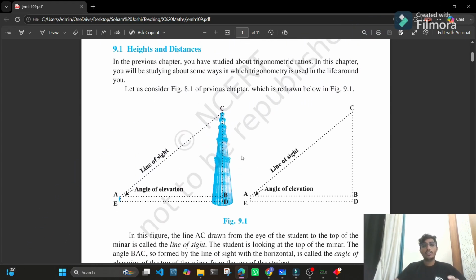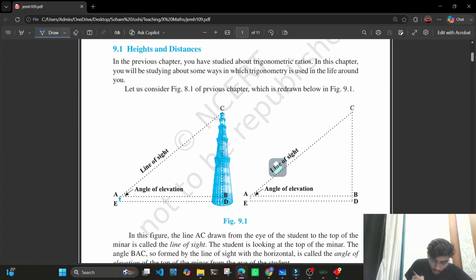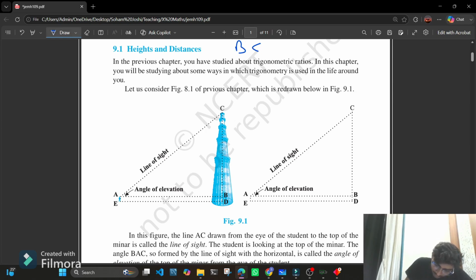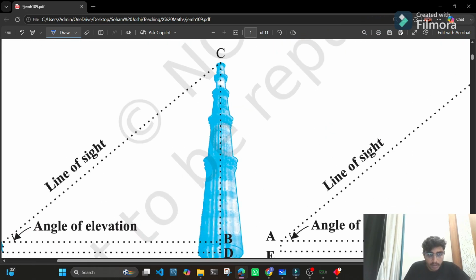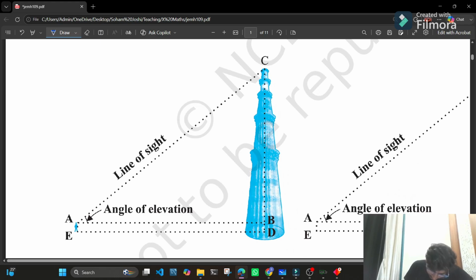In this, you just need to know about some of the terms that we are going to use. If I have a building, let's say BC is a building, and there is a person standing over here. If I zoom in, you may see the person.